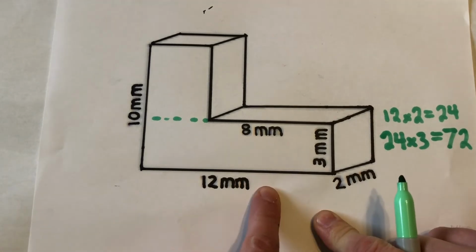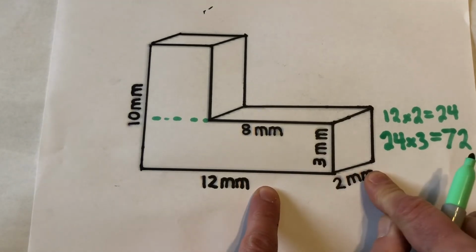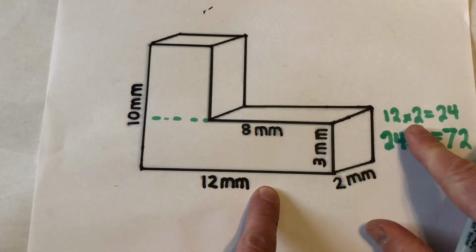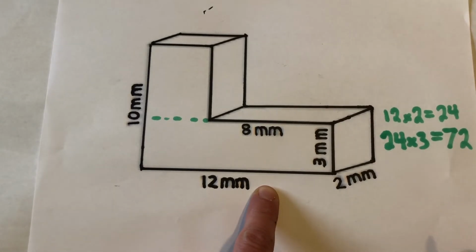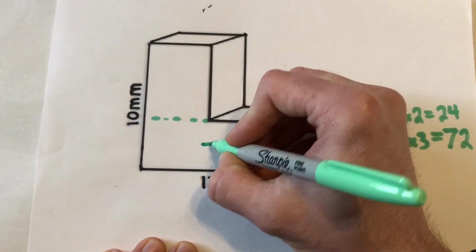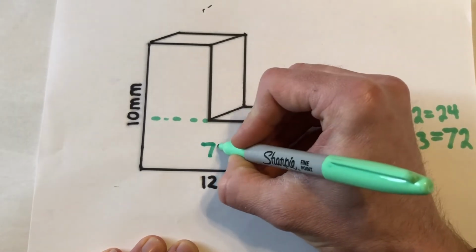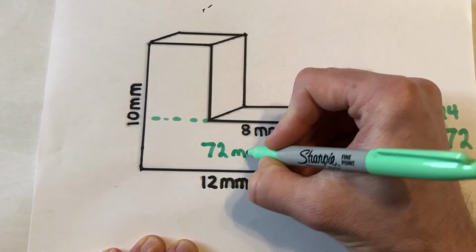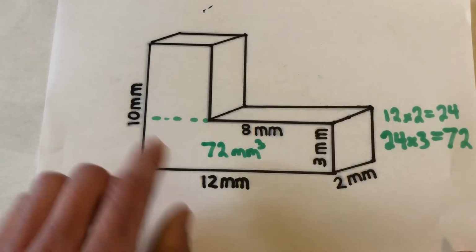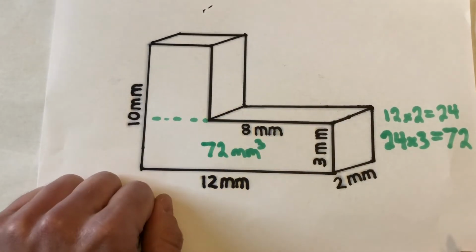So I did the length times the width times the height. I could also just do 12 times 2 times 3. So the volume of this bottom shape is 72 millimeters cubed. But what about this part up here?